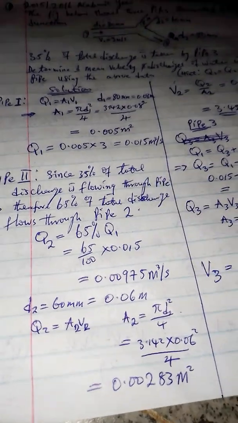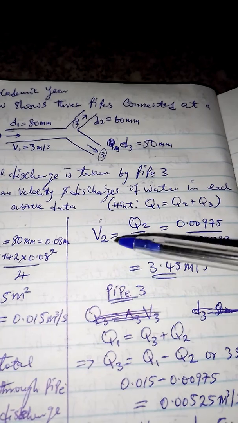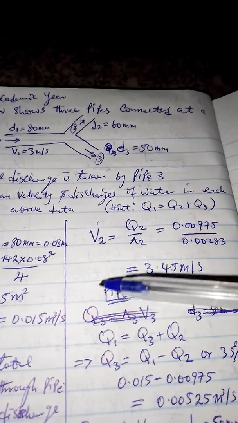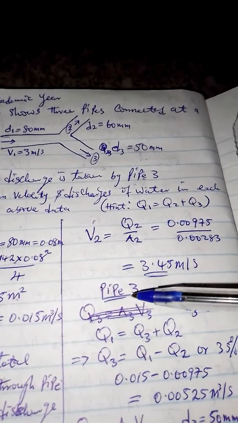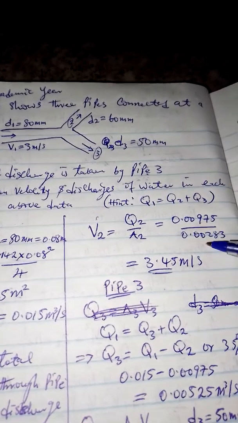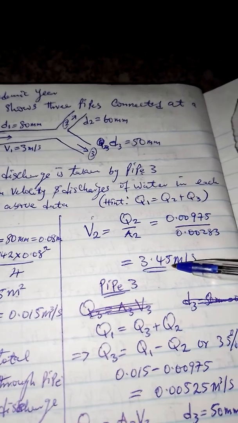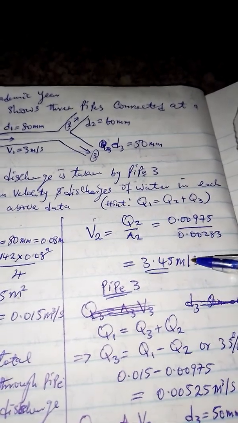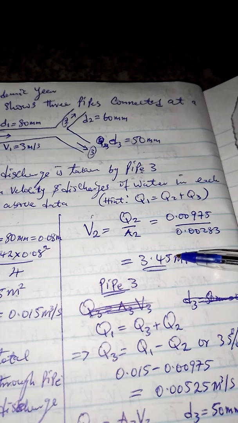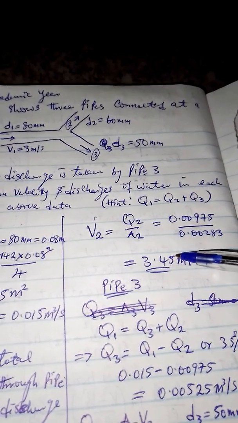Solving for the velocity of water in pipe 2, we have the discharge over area, which is 0.00975 over 0.00283. It now gives us 3.45 meters per second. So we have gotten the mean velocity and discharge in pipe 2.